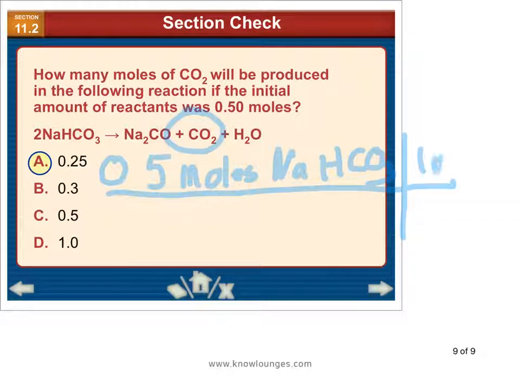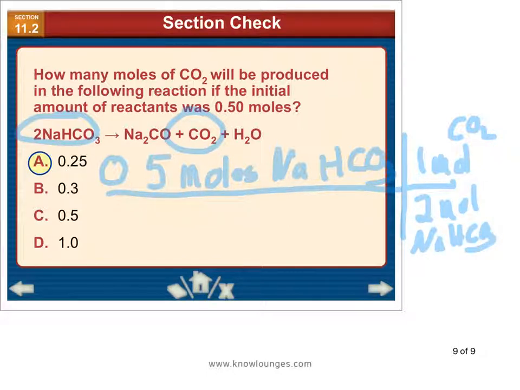We got 1 mole of CO2 for every 2 moles of the sodium bicarbonate, 2 moles of the NaHCO3. Moles cancel the moles here. And we just do 0.5 divided by 2, which is where the 0.25 comes from.